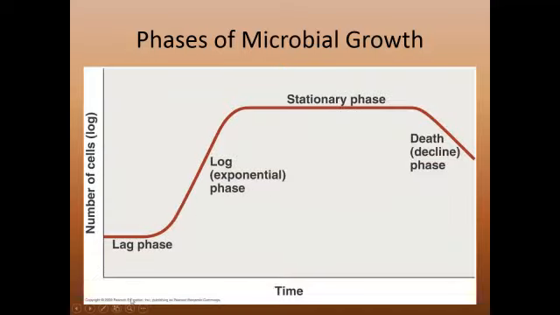When we take inocula and put it into new media, oftentimes there is a lag phase, or a time when there's no increase in cells. They're not dying, but they're not dividing. The lag phase is when the bacteria are assessing their new environment and turning on or turning off genes as may be needed.